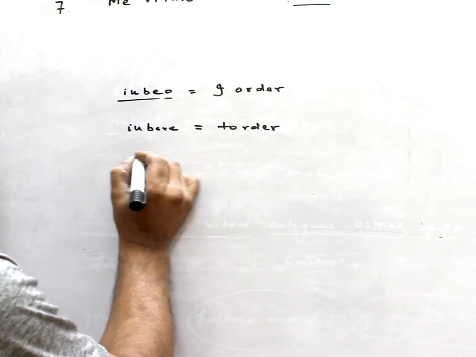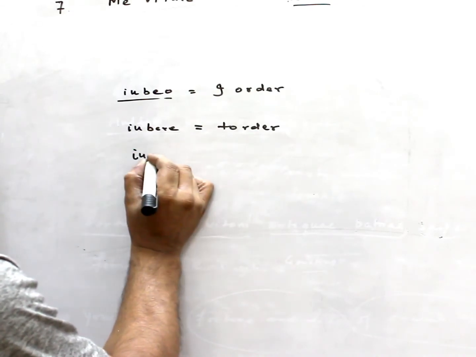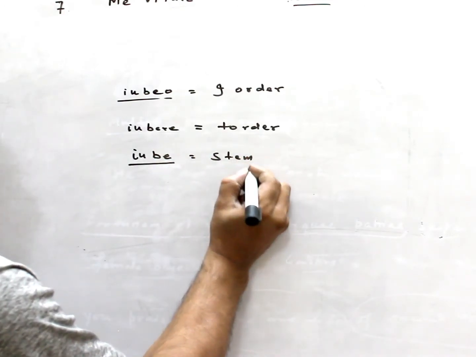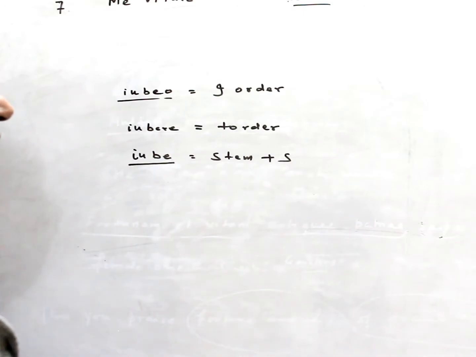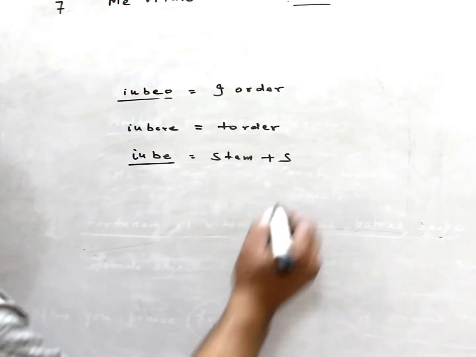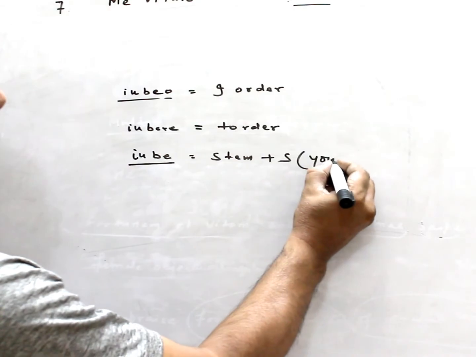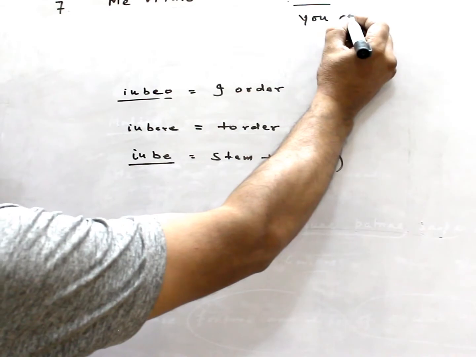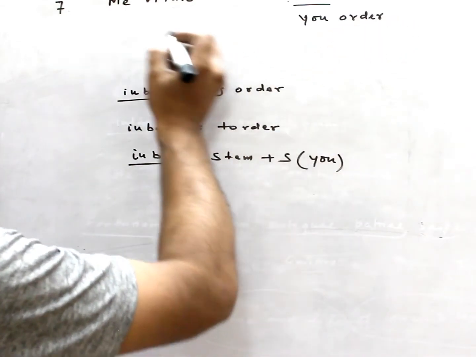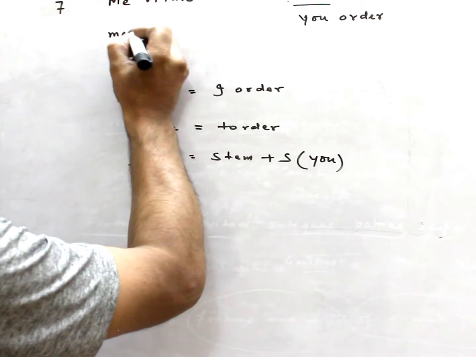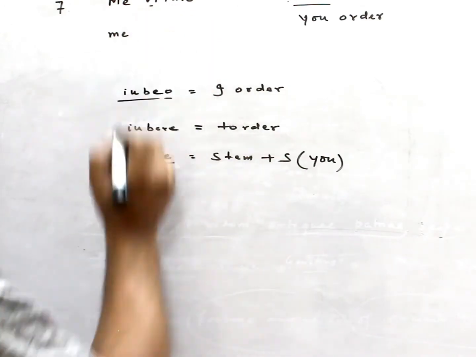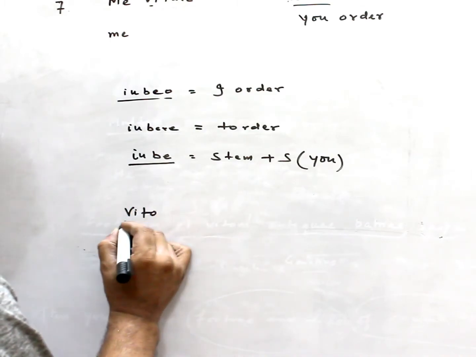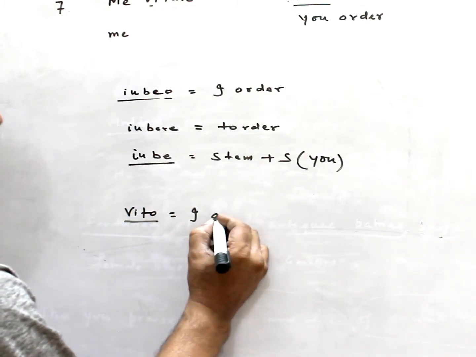But here the stem is this, and S is added in the stem. S stands for you. So this means you order. This is me, and this is, what is this? Vitare, from vito, means I avoid.